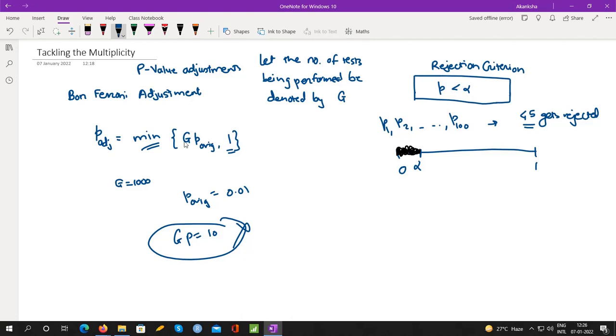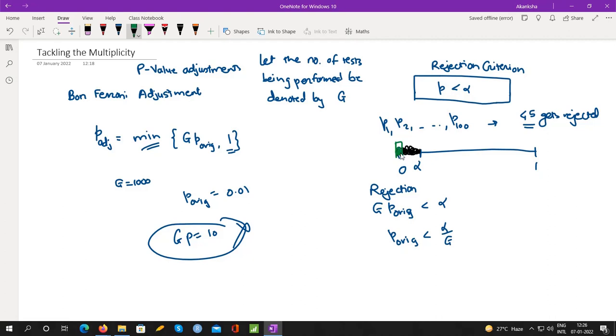Now what is the logic behind this G into P original? So effectively what we are trying is G into P original should be less than alpha for rejection. Correct? After p-value adjustment my rejection criterion becomes this. So it becomes P original should be less than alpha by G. As a result, my new rejection region is very small.